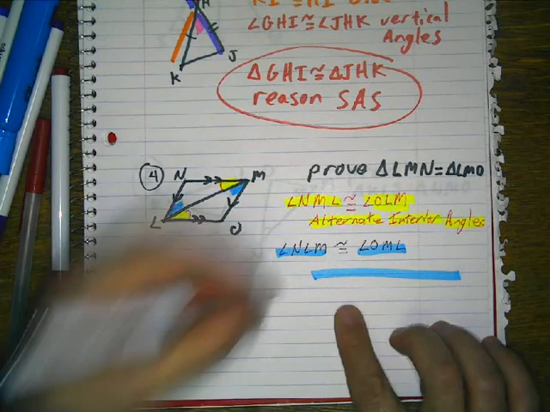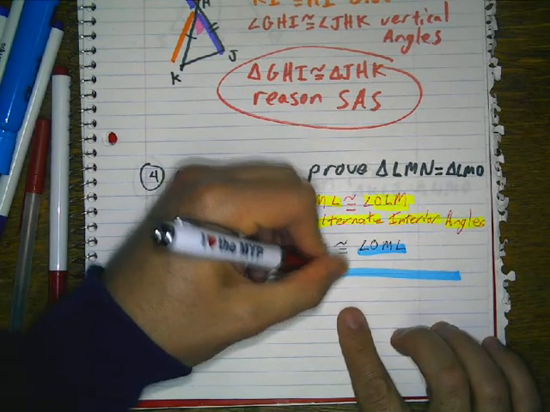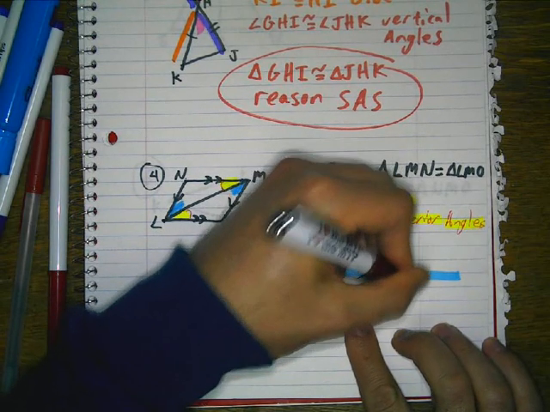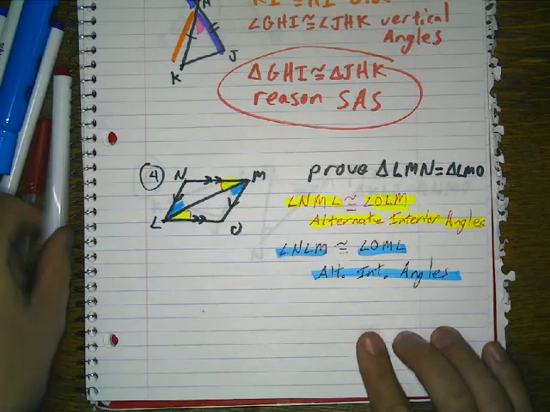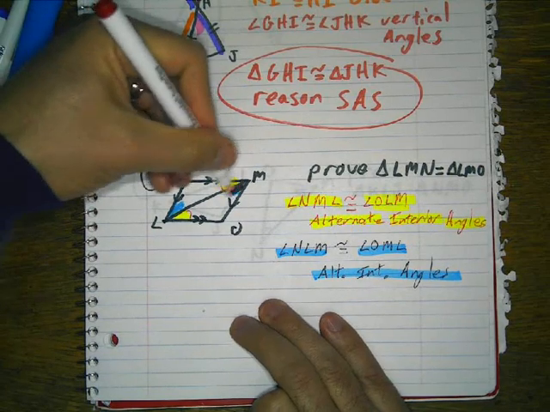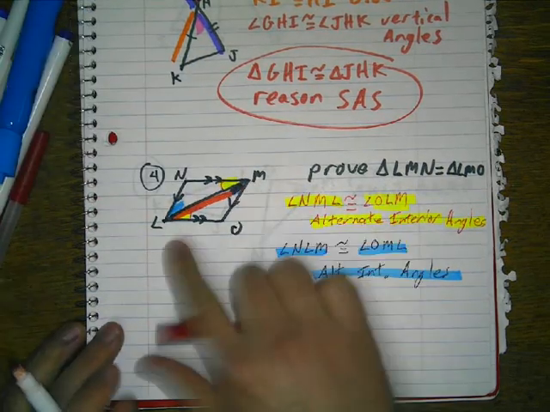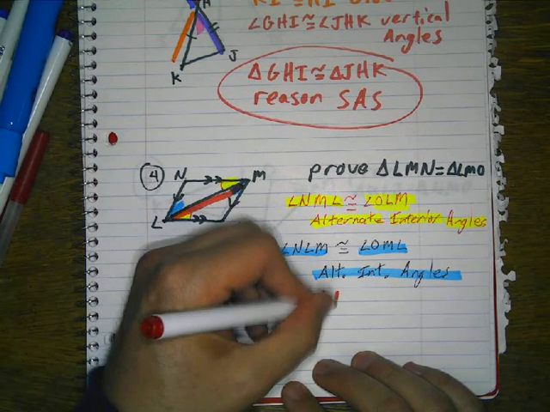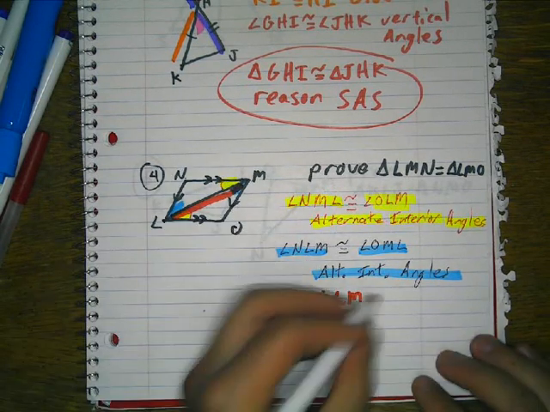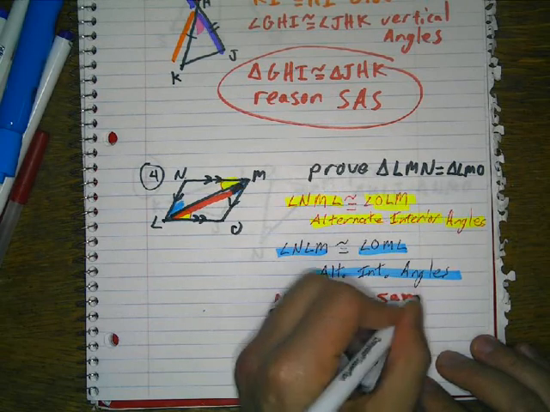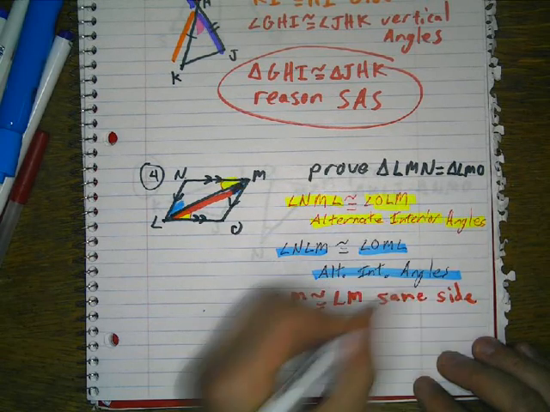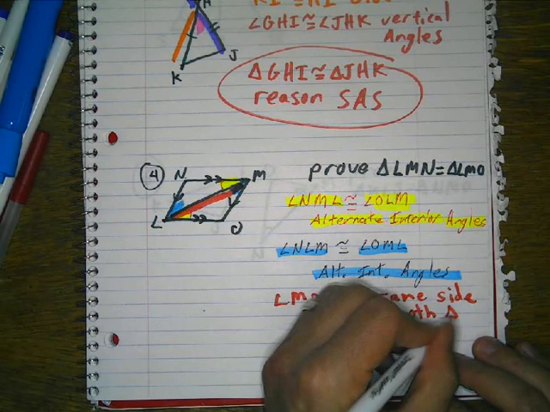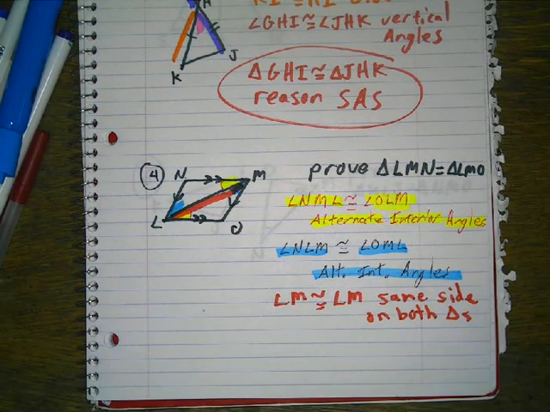And once again, those are alternate interior angles. Now the third one, just like the other ones, LM is congruent to LM, and it's the same side on both triangles. And so that should be enough information.